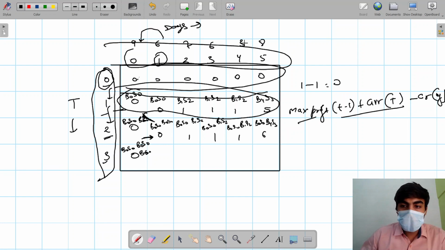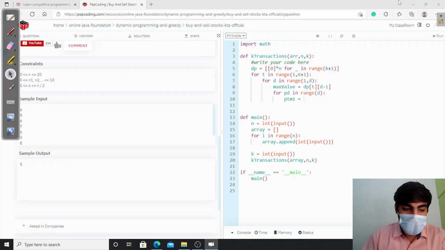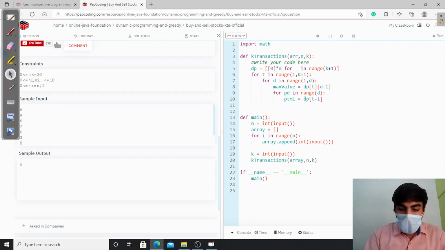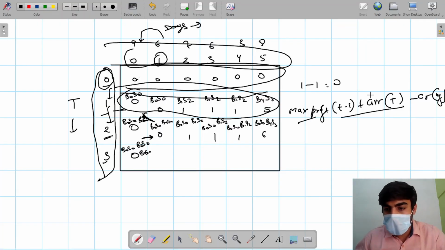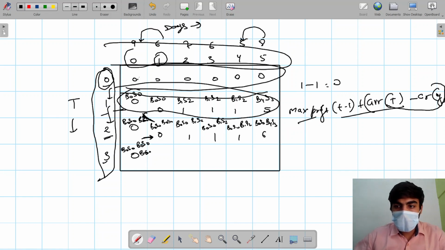So I am writing the same thing here: dp of t minus 1 and previous day, plus the profit of the transaction, which is arr of today minus price of the previous day, like this one, 8 minus 3.